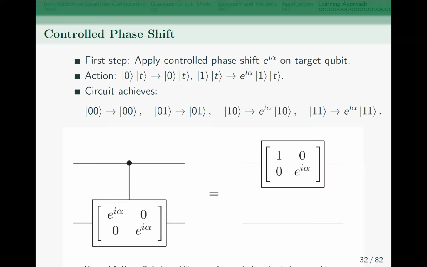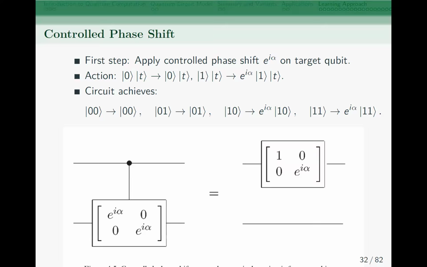Actually it's very simple: 0t maps to 0t, because if this is 1, then I apply e to the i alpha. So for the circuits, 0, 0 goes to 0, 0, and 0, 1 goes to 1. For 1, 0, you get an extra phase. For 1, 1, you get an extra phase. So pictorially, it's just this.